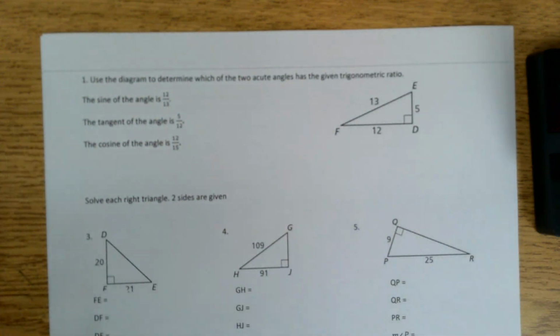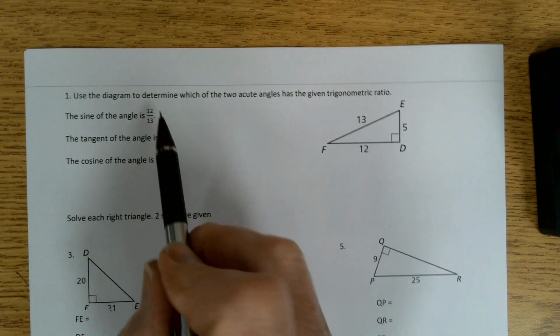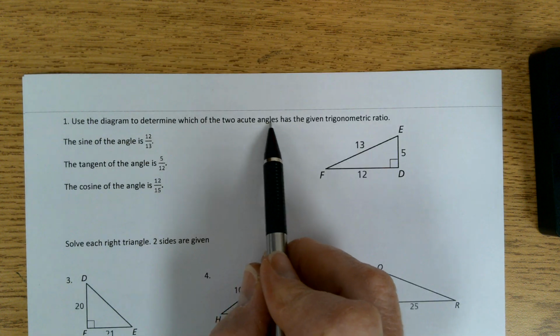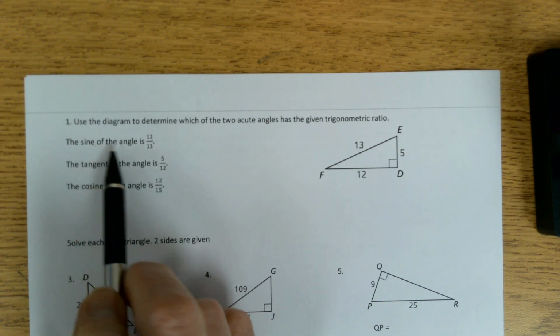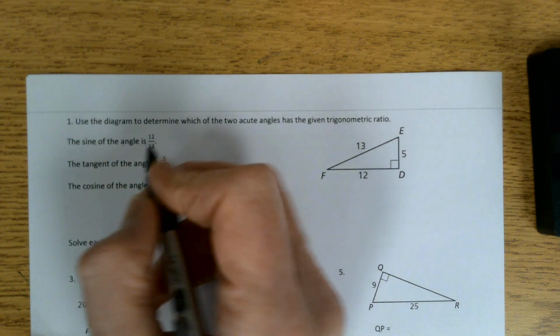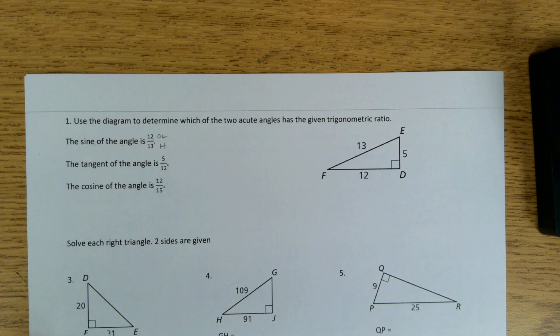Let's keep going. This one's kind of weird, okay? It's a good question, it's just kind of weird. Use this diagram to figure this out. Which of the two acute angles has this ratio? The sine of the angle is 12 over 13. Sine means opposite leg over hypotenuse.